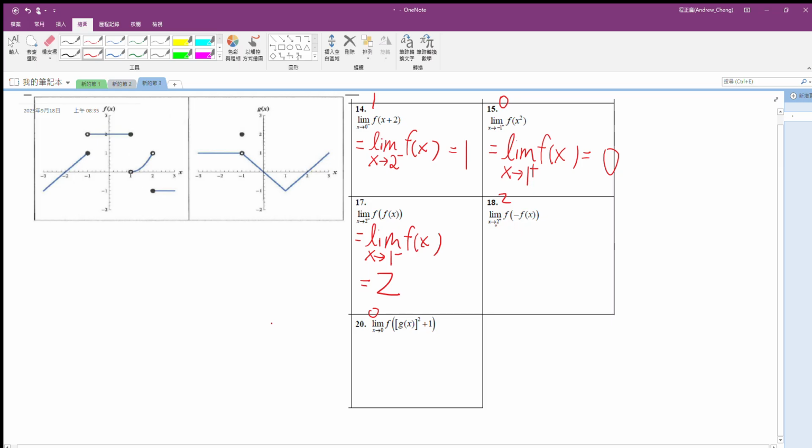Next, when x approaches 2 from the positive side, that actually equals -1, right? So that equals f of negative 1. It's not approaching, because the value is fixed. It's -1, no approaching.